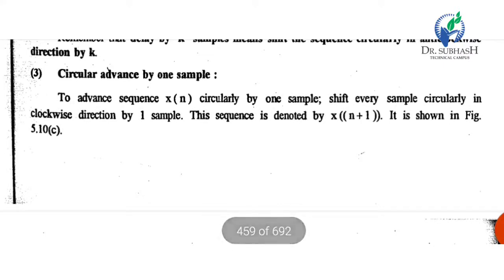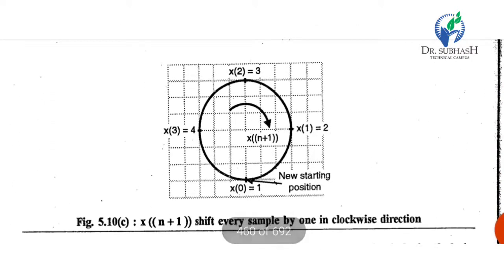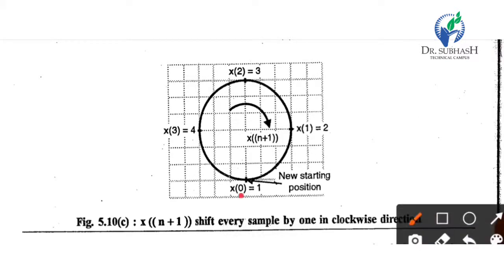If the sequence is advanced by one sample, it is shifted in the clockwise direction. Here x of 0, x of 1, x of 2, and x of 3, and then it repeats.